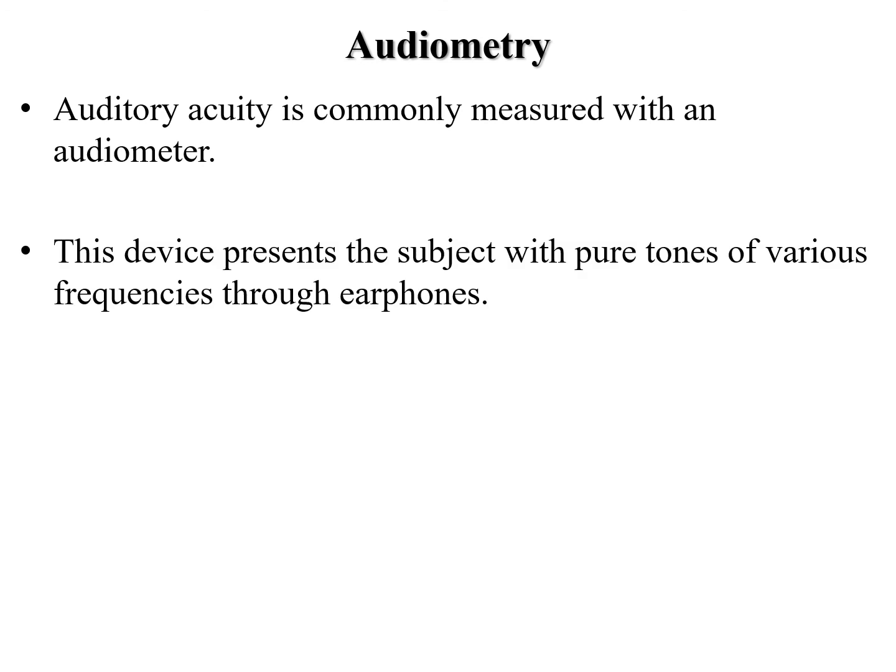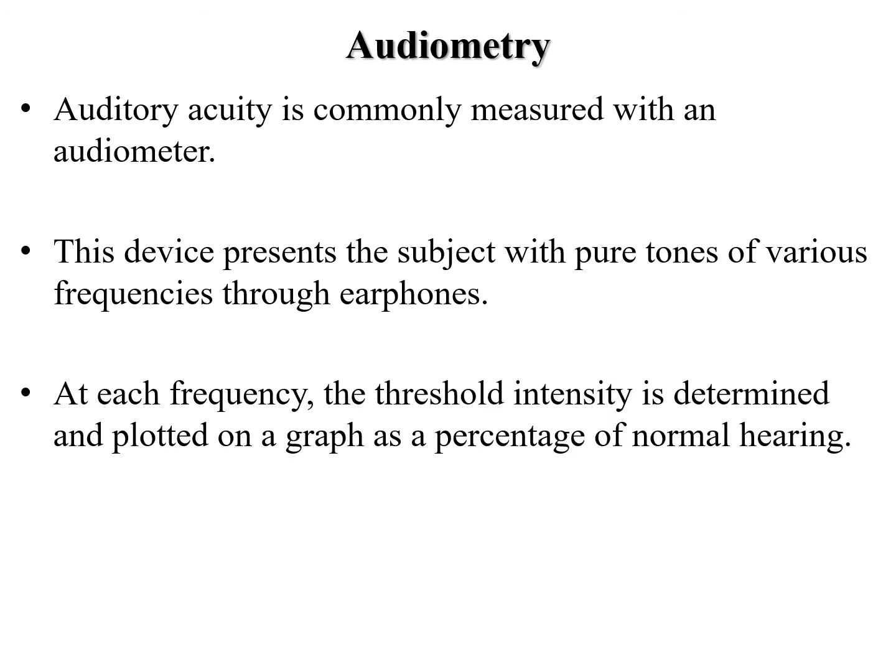The device presents the subject with pure tones of various frequencies through earphones. At each frequency, the threshold intensity is determined and plotted on a graph as a percentage of normal hearing. So we have to have a normal hearing chart before we proceed for such pure tone audiometry.